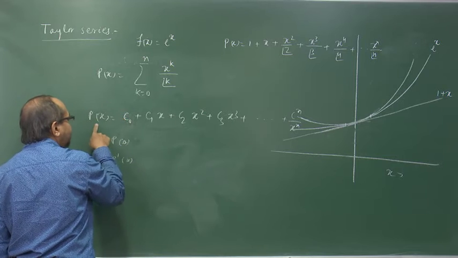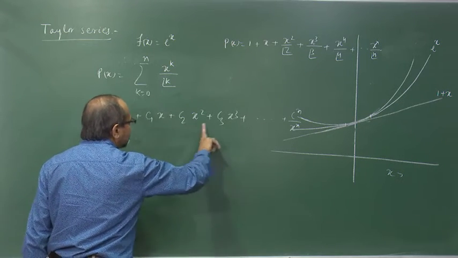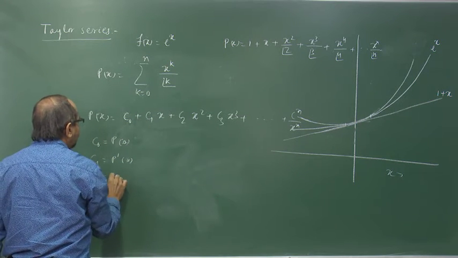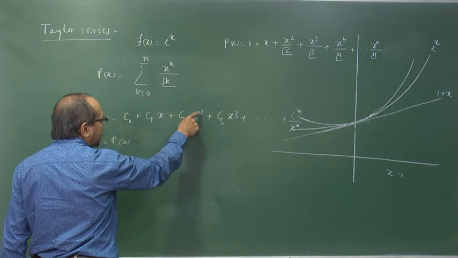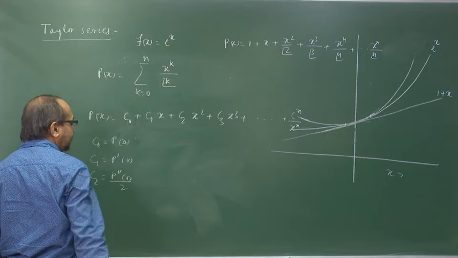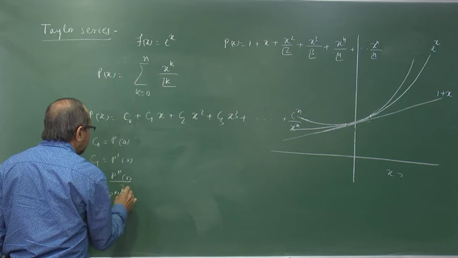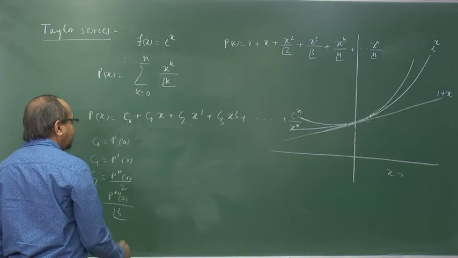When you take the first derivative, the constant vanishes, and at x equal to 0 the rest of the terms vanish, it will be c1. Then c2 will be p double dash of 0, but here there will be a term 2 that will be divided over here. Similarly, c3 will be p triple dash at 0 by 3 factorial, and so on.